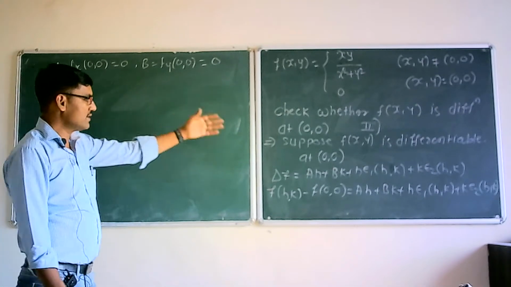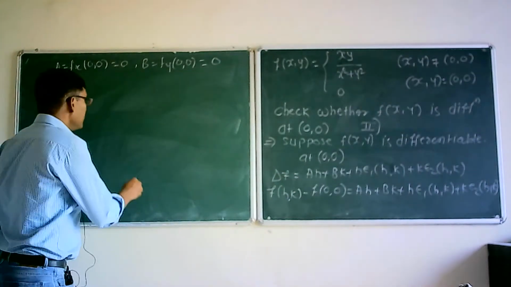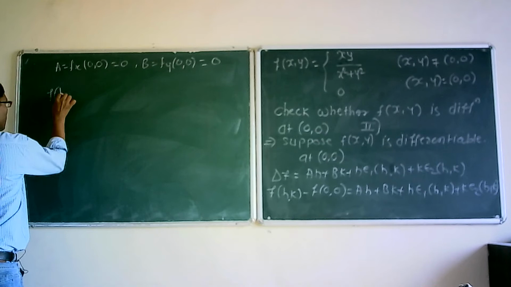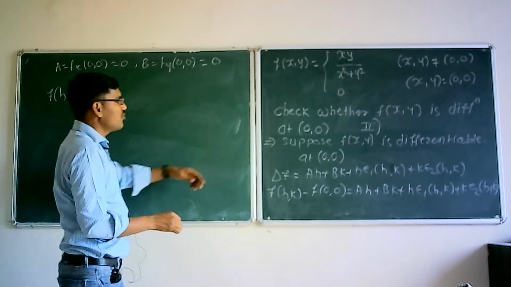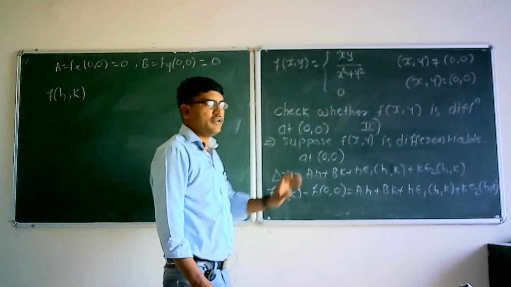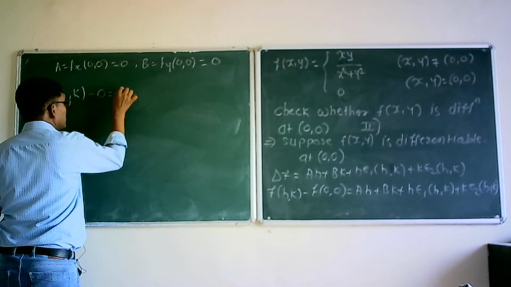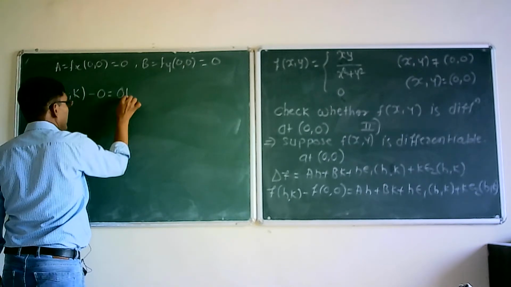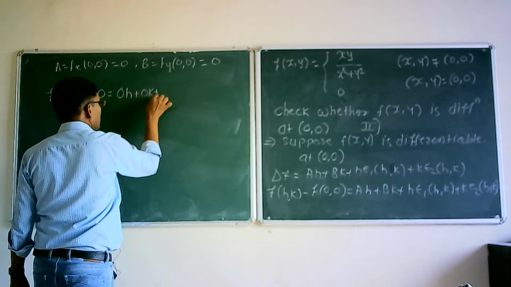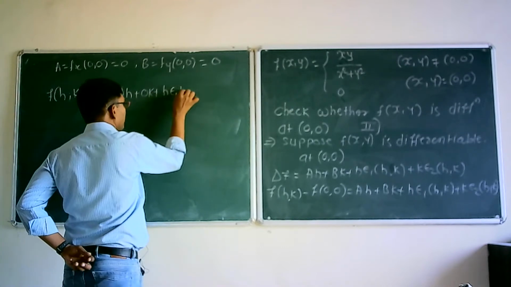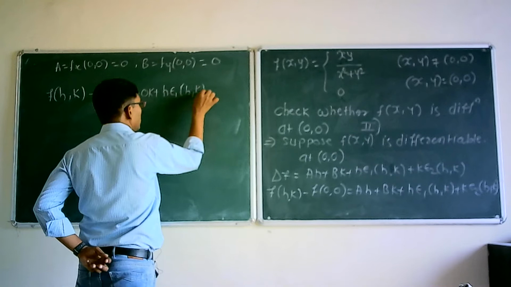So we know the values of a and b. If you insert those values in this equation, you will get f of hk minus f of 0 0. Now f of 0 0 is given. What is f of 0 0? It is 0. So this is 0h plus 0k plus h epsilon 1 hk plus k epsilon 2 hk.